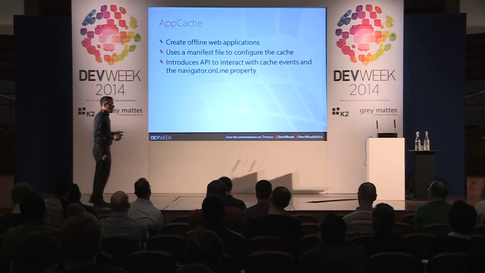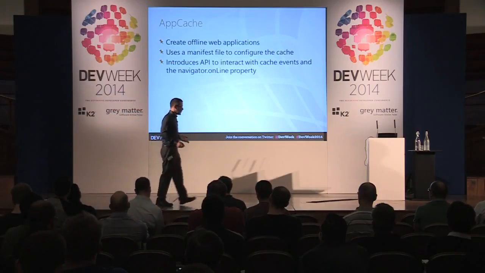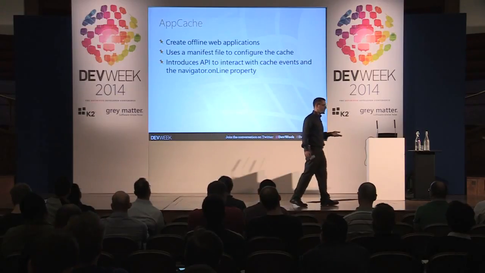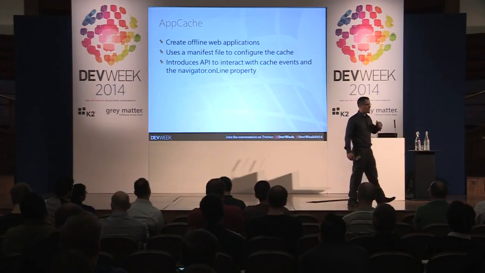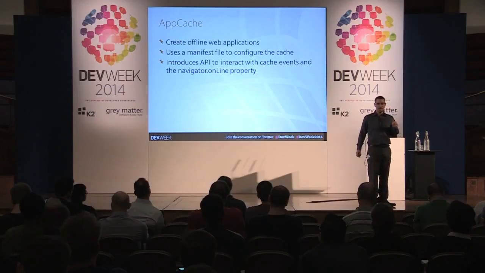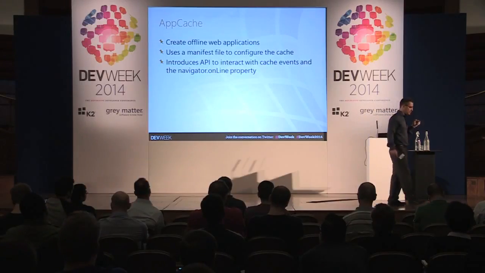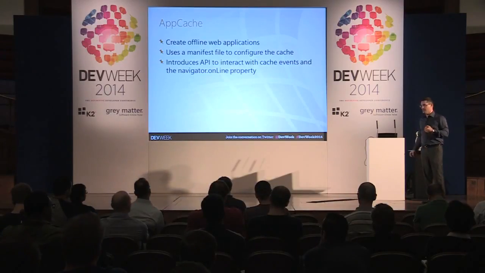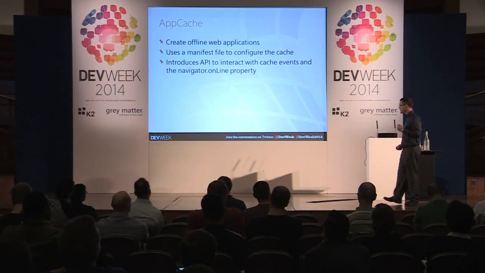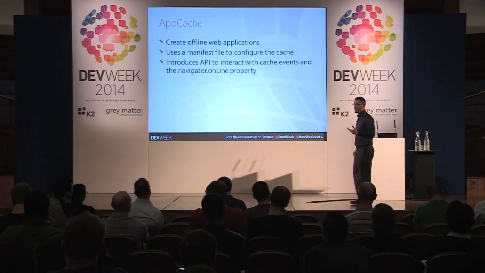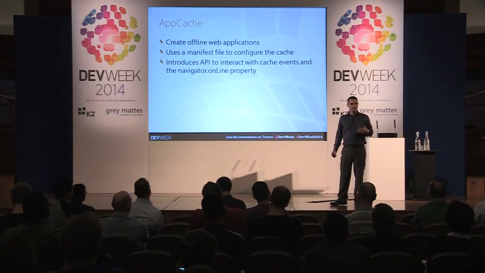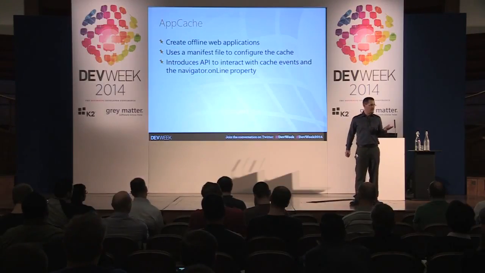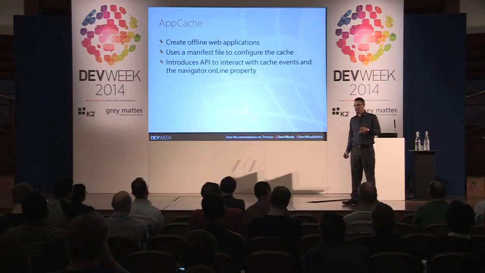Okay? So in order to create offline web application, you just need to point your HTML web page to that manifest file. That manifest file has to have very strict things that I will show you once we see the demo. And you have the app cache API. The app cache API enables you to detect when you are online and when you are offline using the online and offline events.